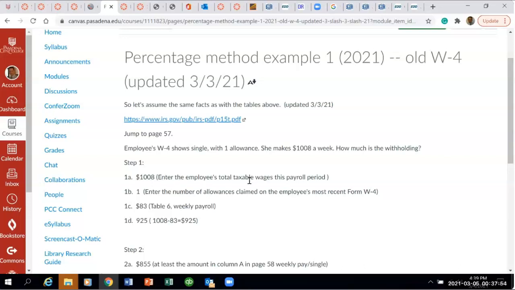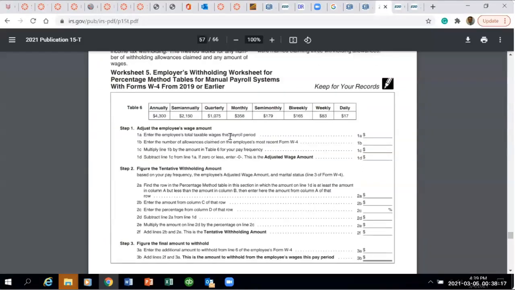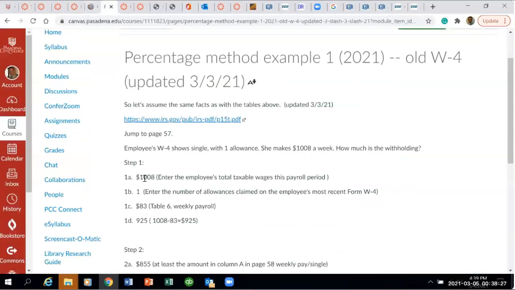I just copied that from the worksheet in here for you, so you can refer to it. Line 1A is where we enter the employee's total taxable wages this pay period, $1,008. This wording comes exactly from here. So when I say 1A, you can see that description, which I brought here so you can refer to it.